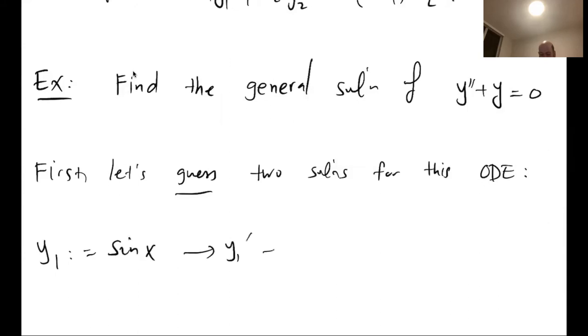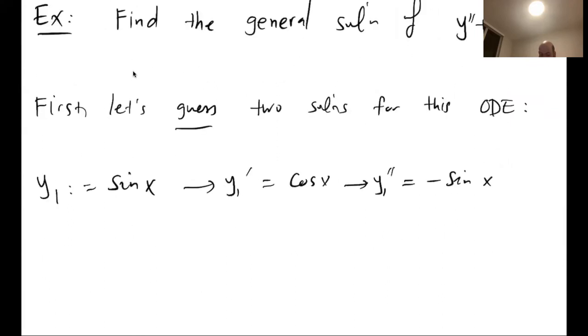Then the derivative of sine x is cos x. The second derivative of y1, which is the derivative of cos x, will be minus sine x. So that means y1 double prime plus y1 will be minus sine x plus sine x, which is 0.